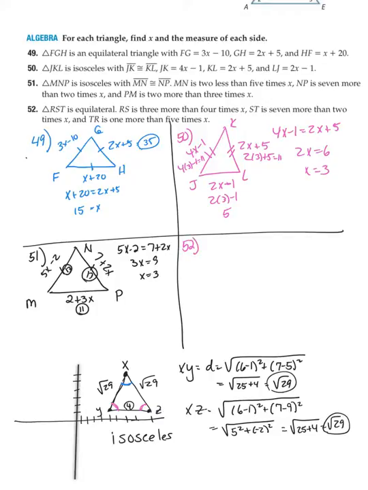Then our last one, we've got another equilateral. So this time the sides are going to all be the same. RS is 3 more than 4 times x. ST is 7 more than 2 times x. And PM is 2 more than 3 times x.